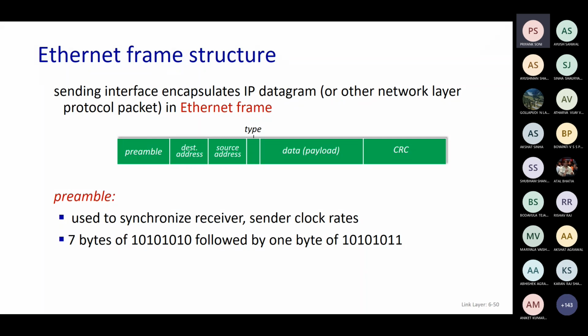Now let's see what the frame structure of Ethernet is. The sending interface encapsulates the IP datagram, or other network layer protocol packet, in the Ethernet frame. This is how the Ethernet frame will look. First is the preamble field, which is used to synchronize receiver and sender clock rates.